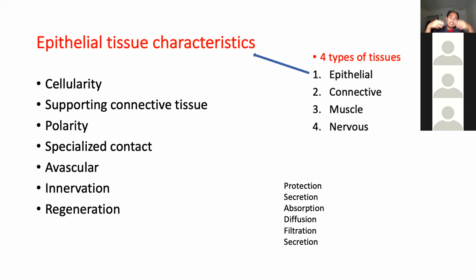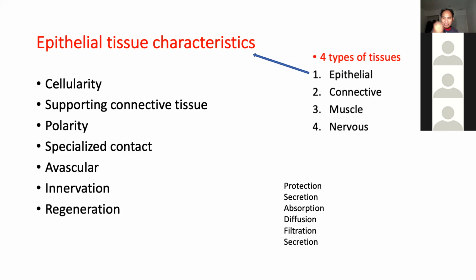Any tissue exposed to the external environment, like our skin, like our respiratory tract inside. Although they are tubular structures inside the body, they are exposed to the air we breathe in, and therefore they are lined by the epithelial tissue.